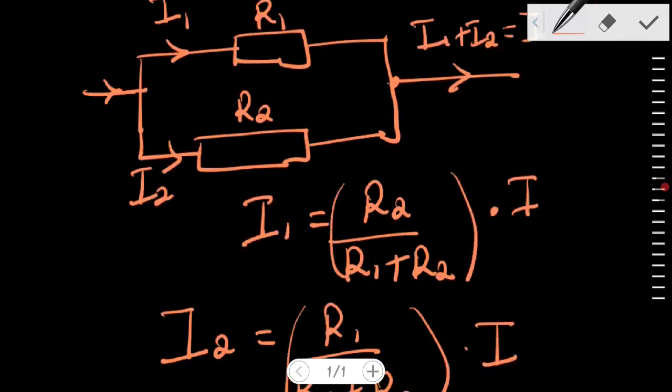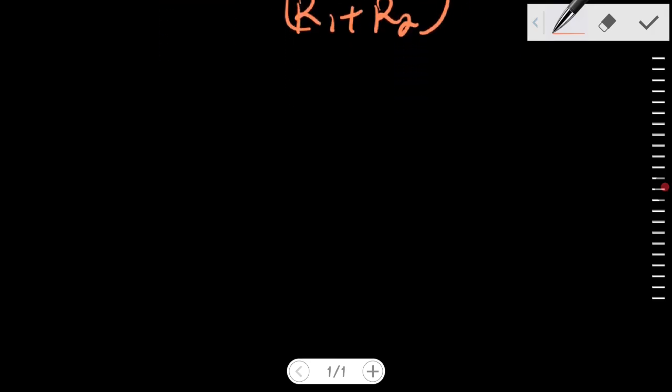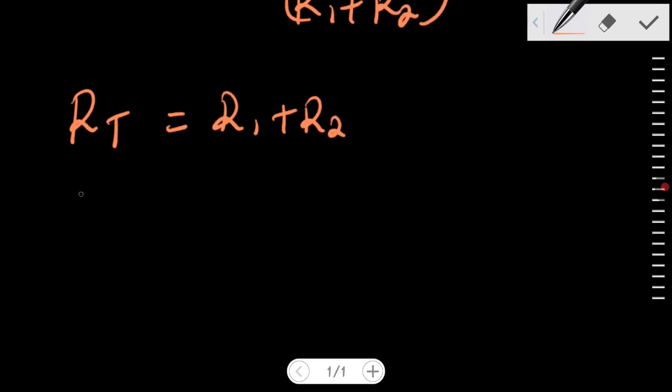Now, these are just basics. In series connection, we know that total resistance is equal to R1 plus R2, depending on the number of resistors that you have connected in series.